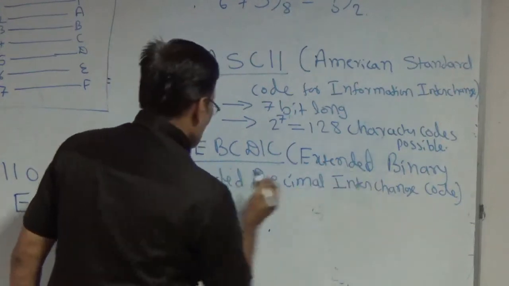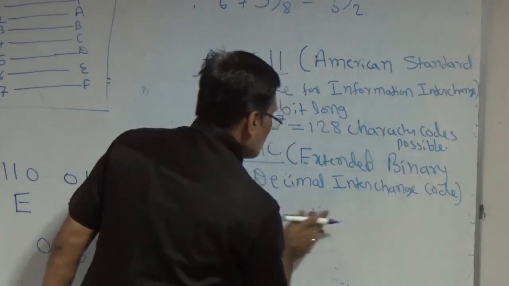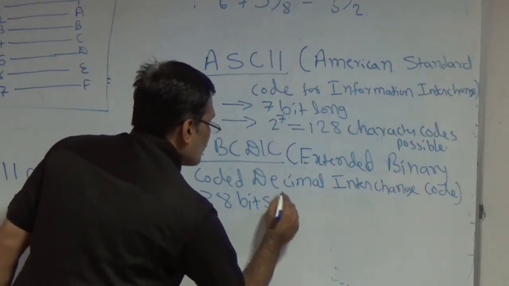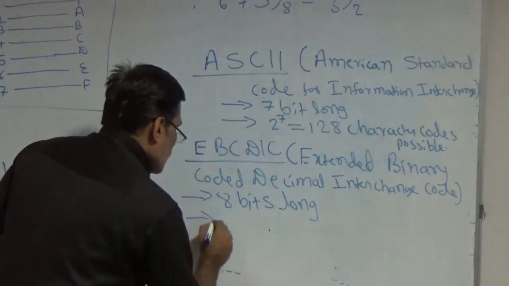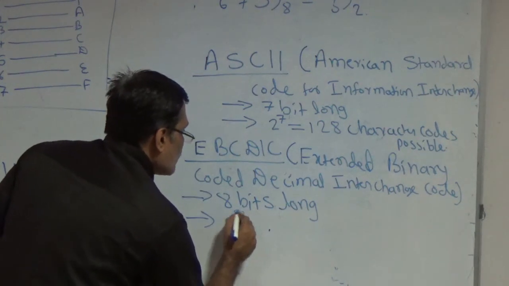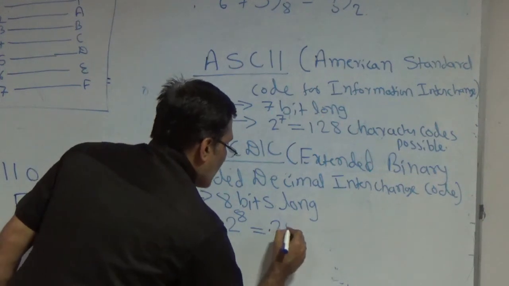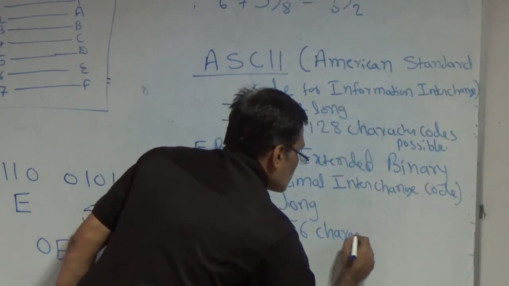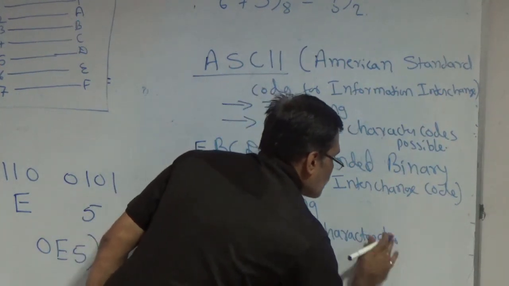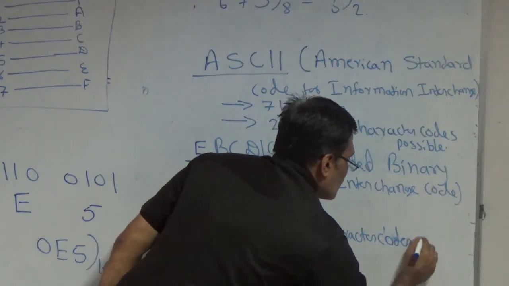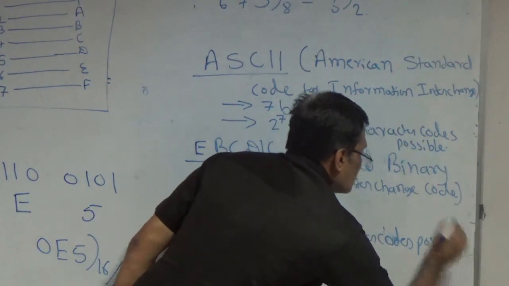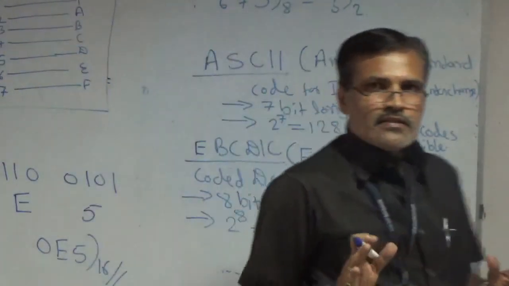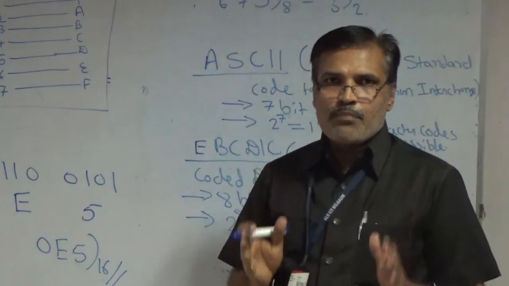This particular code is 8 bits long. If it is 8 bits long, then 2 raised to 8 possible codes are available, meaning a total of 256 character codes are possible. So this much is sufficient for data representation.